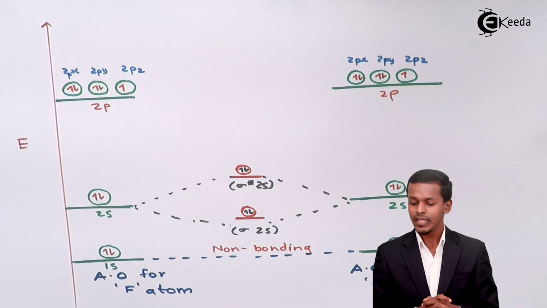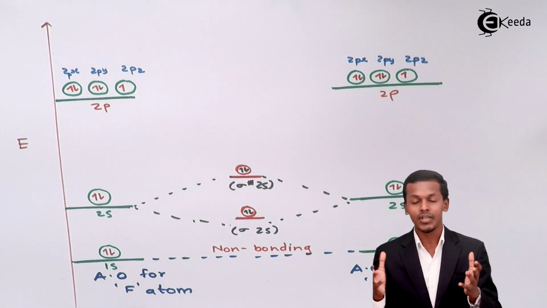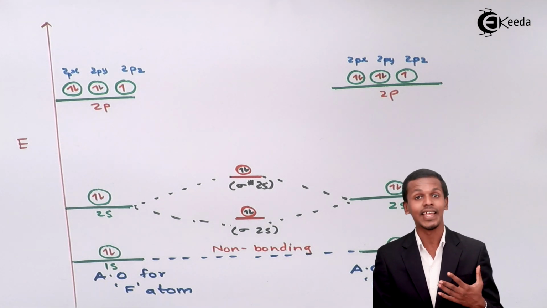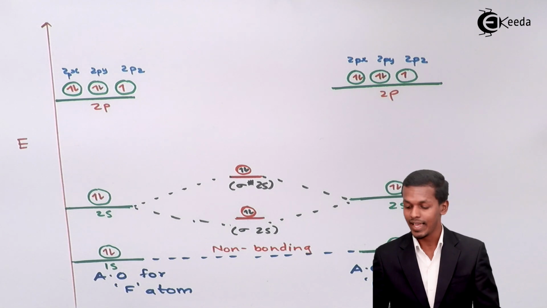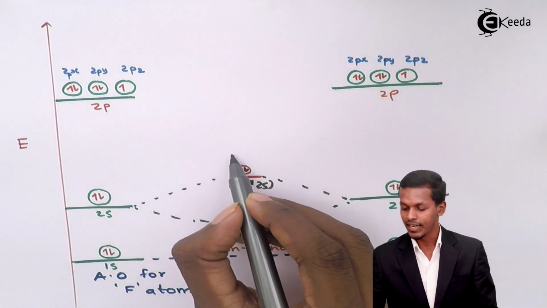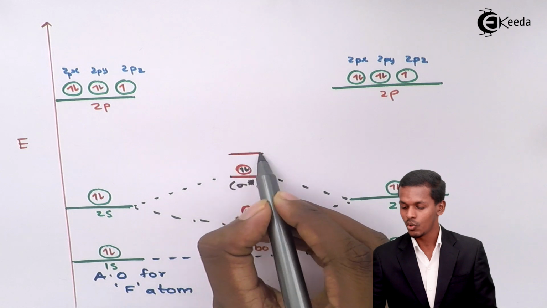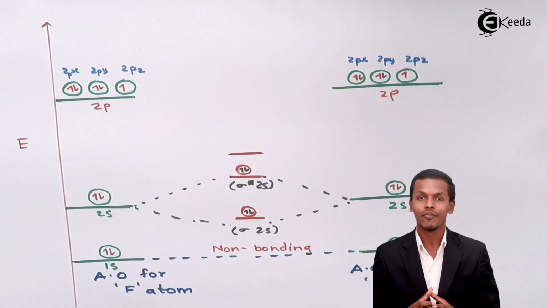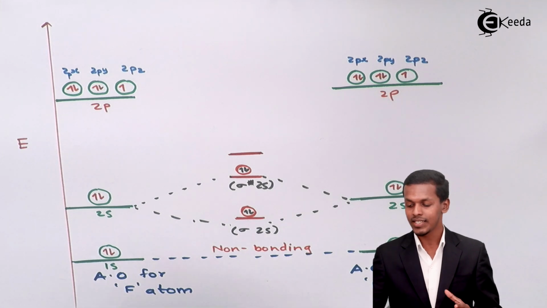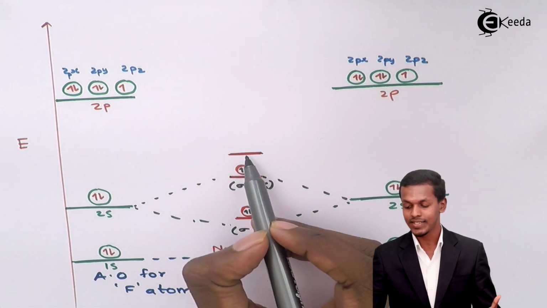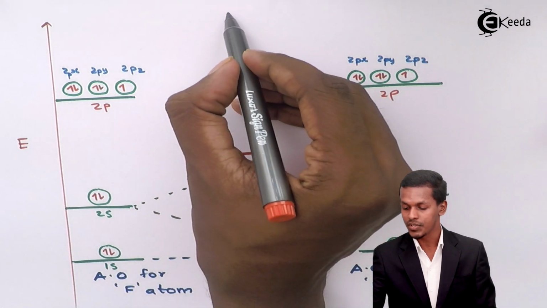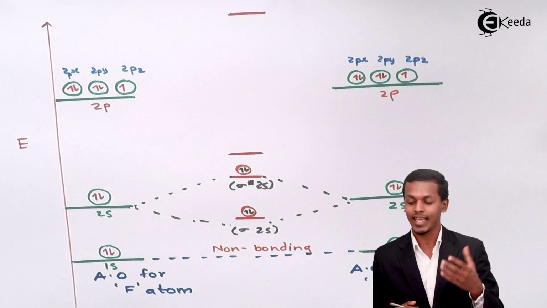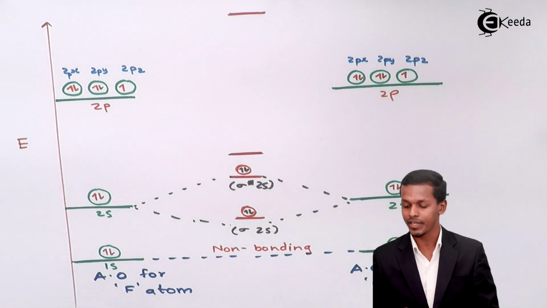Now when these two atoms come close to each other, obviously they will form a molecule, and that's the reason the energy levels can be written in this way, where the lowermost energy level is because of the 2pz orbitals, because they are responsible for the formation of a sigma bond. That is the reason one, the sigma 2pz orbital, will be down, while the opposite one, the sigma star 2pz orbital, will be at the higher energy level, and that is the anti-bonding orbital.